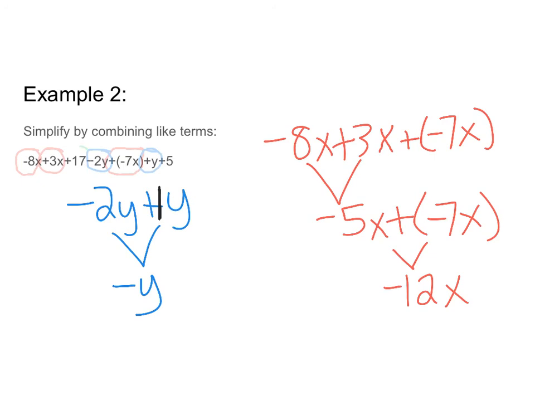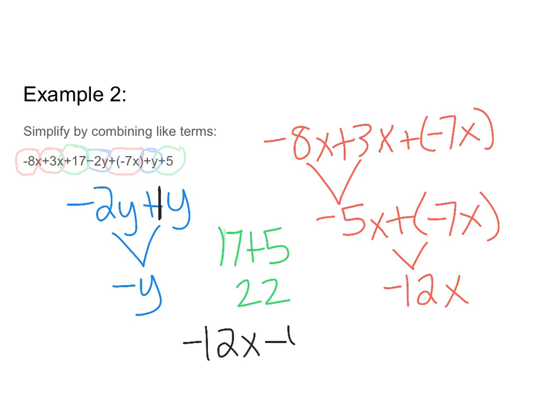And then finally, I have to deal with the terms that don't have a variable at all. So that's 17 plus 5, which would be 22. So my simplified expression is negative 12x minus y plus 22.